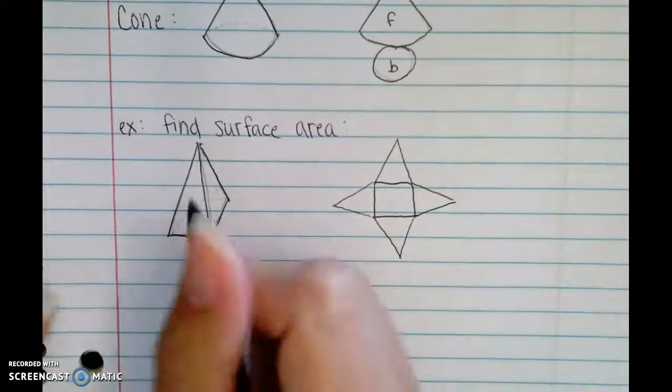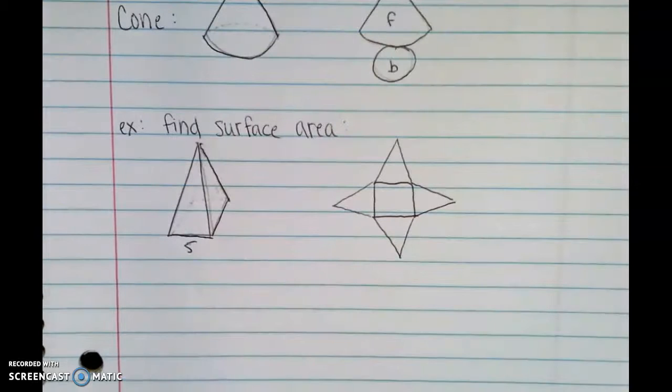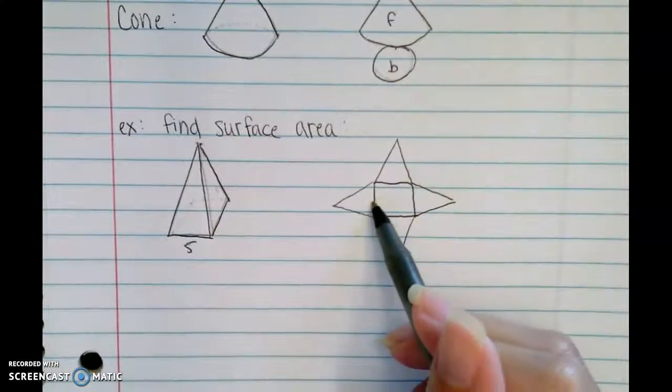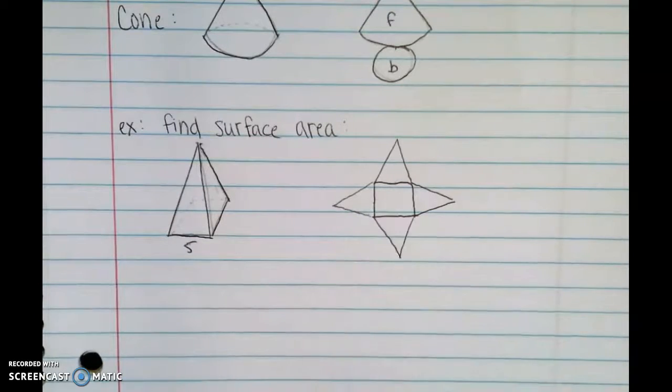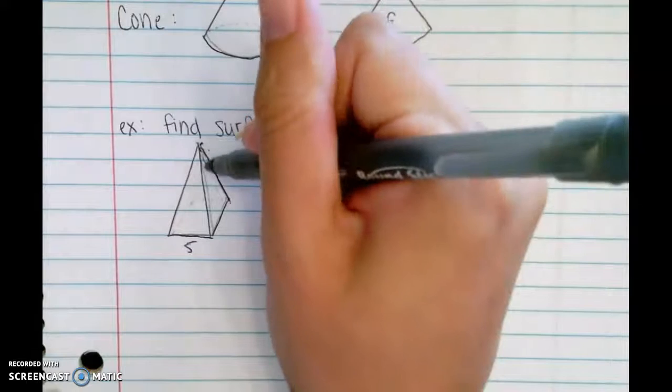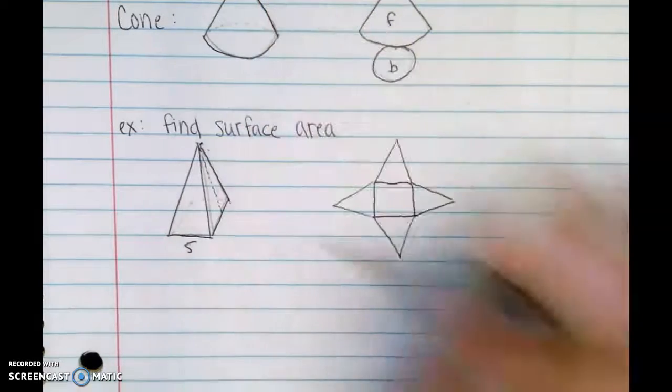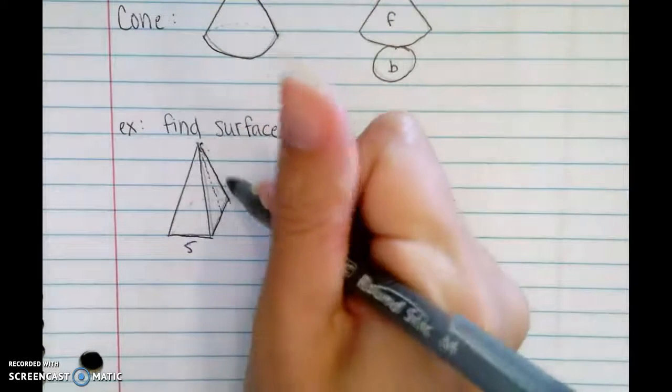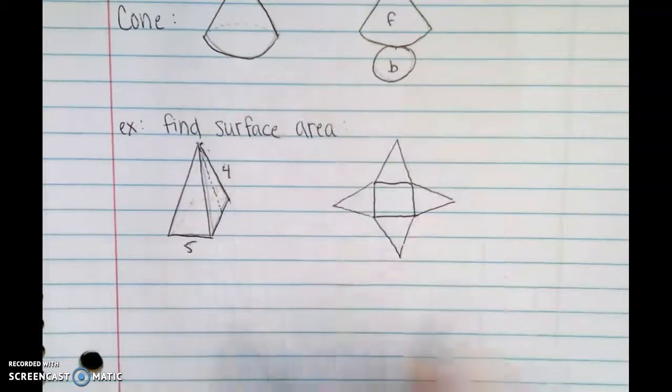So the measurements are 5. So if I just know that the number is 5, that means that the base is 5 by 5. The face is a triangle, so I can find the height of that triangle. Let's say that the height is 4.